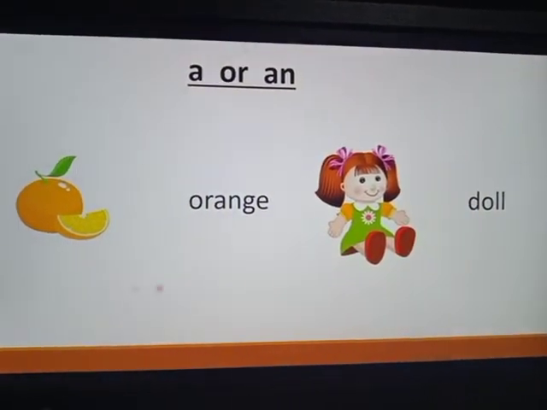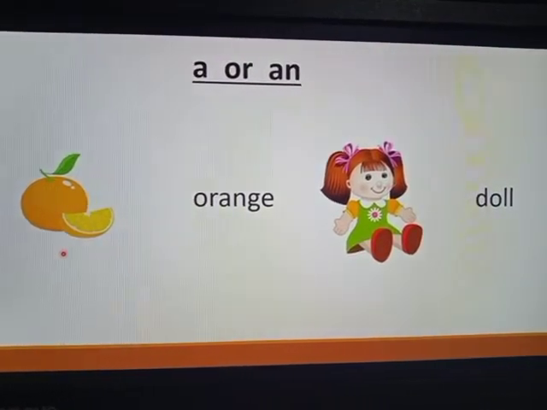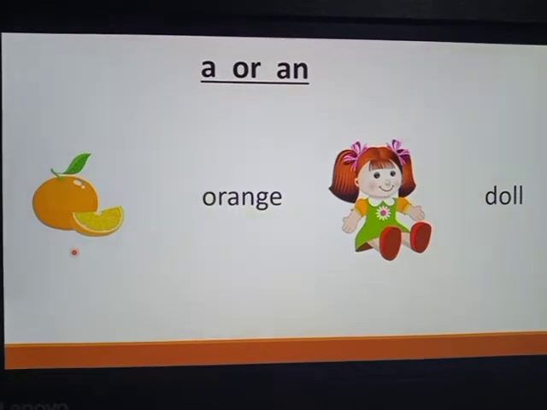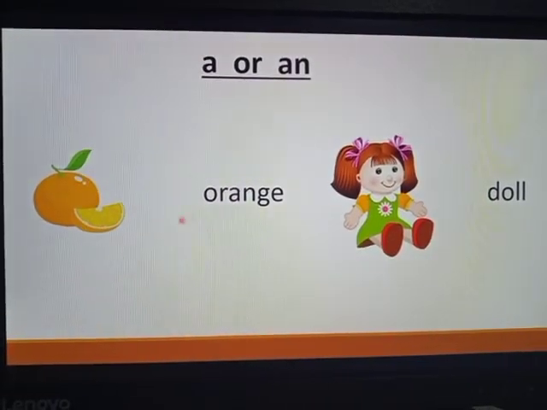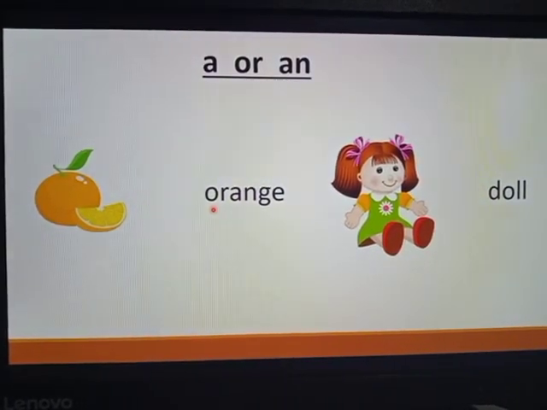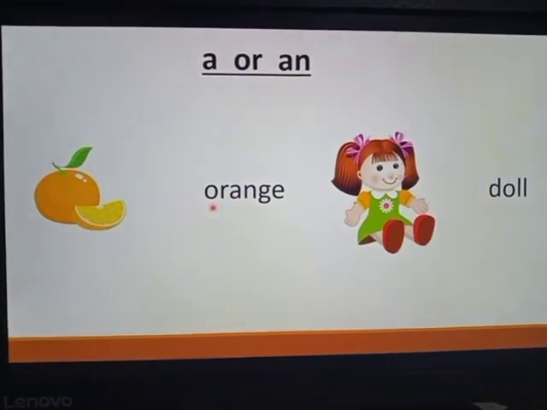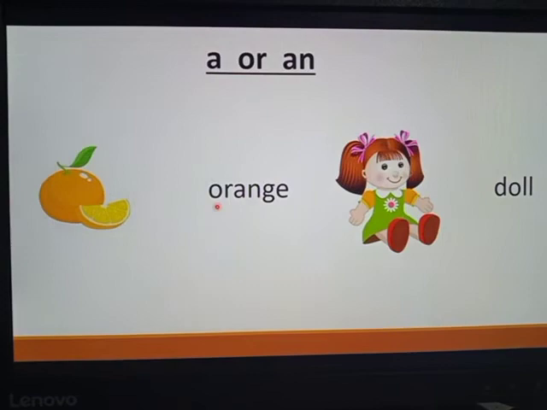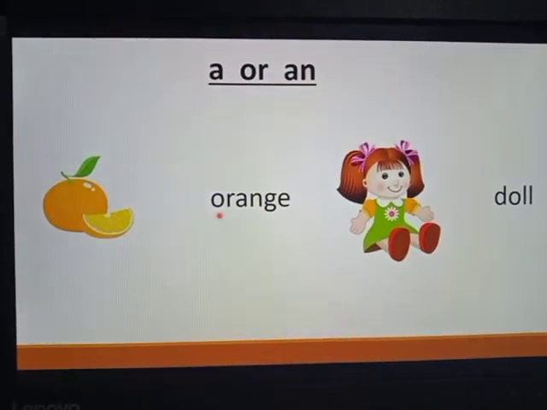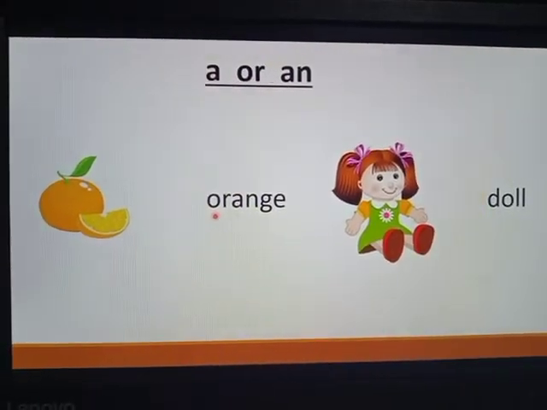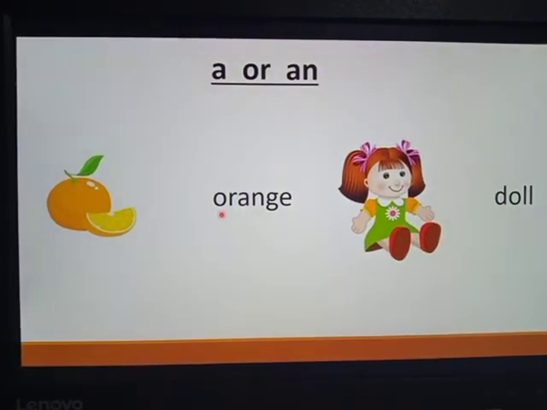Now tell me, what are you seeing in the first picture? Which fruit is it? Correct. It's an orange. We'll read the spelling of this word. O-R-A-N-G-E. Orange. Now tell me, what is the starting letter of this word orange? Yes, it's O. Now tell me, O is a vowel or a consonant? Yes, correct. It's a vowel.